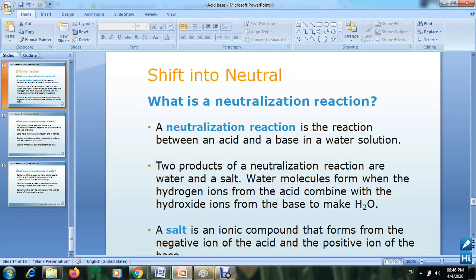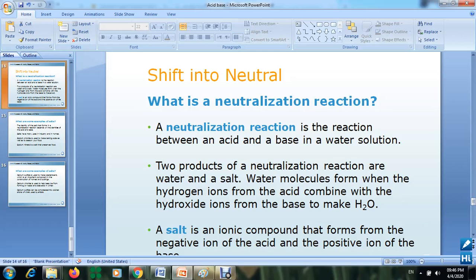What happens when you take these tablets? It's called a neutralization reaction. Your stomach produces acid, and you take something basic to neutralize the acidity of your stomach. So that's why you feel better.